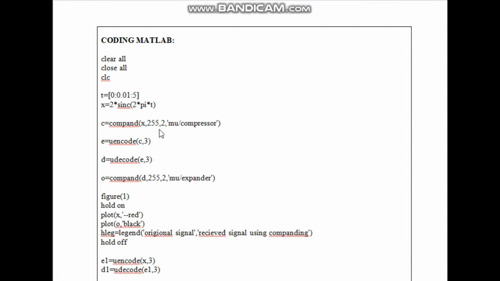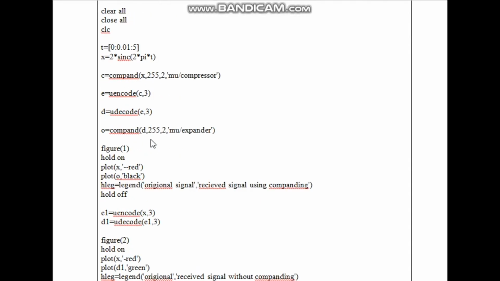Okay, this is the MATLAB code for question 2. Here t equals 0 to 5 with step 0.1 is used to plot the time and the equation for the signal output and message signal.